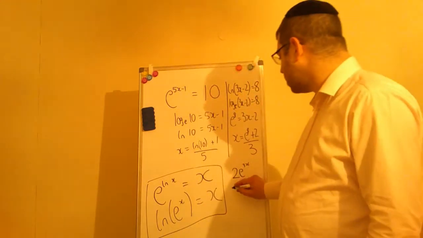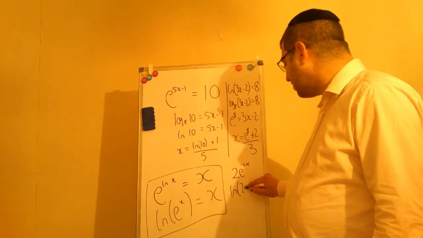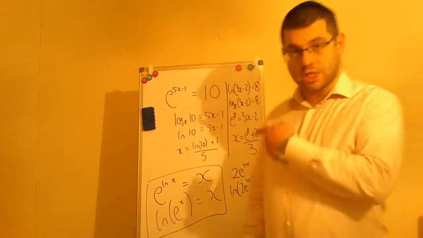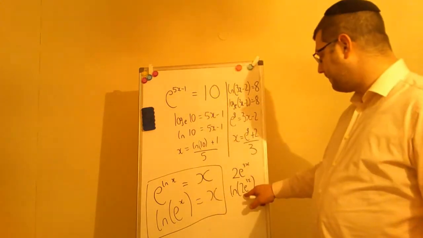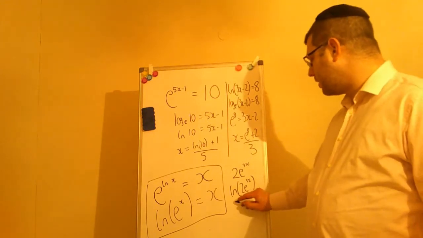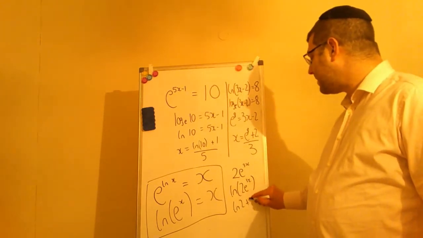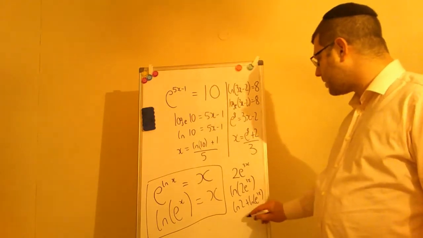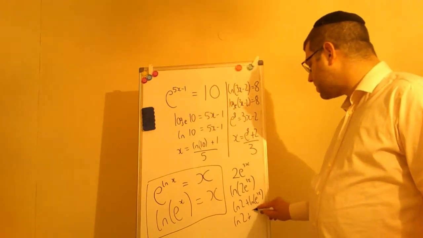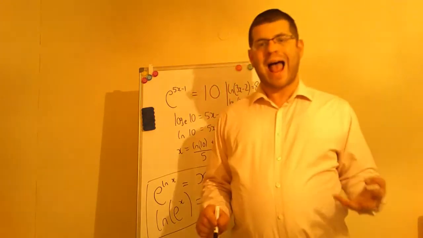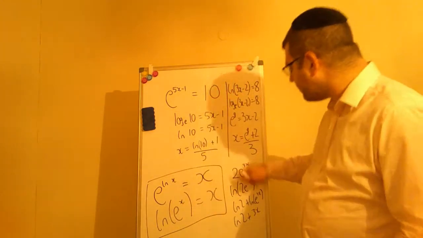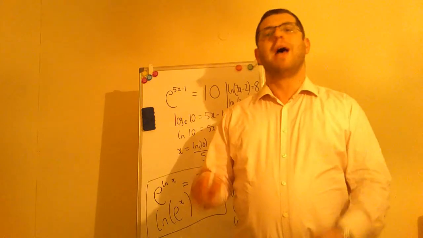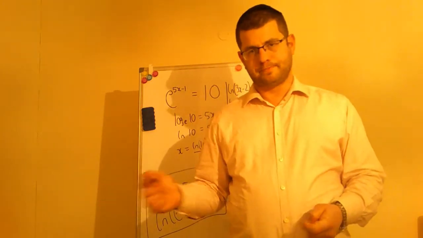So if you introduce a ln here, it's not a problem, but you need to realise that's not going to be 3x because the 2's in the way. So you could introduce a ln and then it would become ln 2 plus ln e to the 3x, and then the ln and the e would cancel, and that would become ln 2 plus 3x. But depending on the equation, it's better to divide through by the 2, get rid of the 2, and then you can introduce a ln like normal.